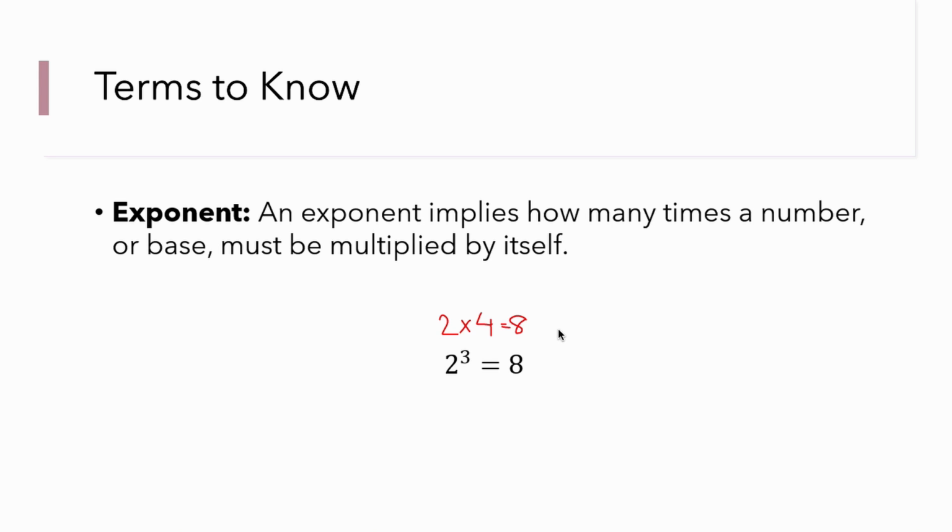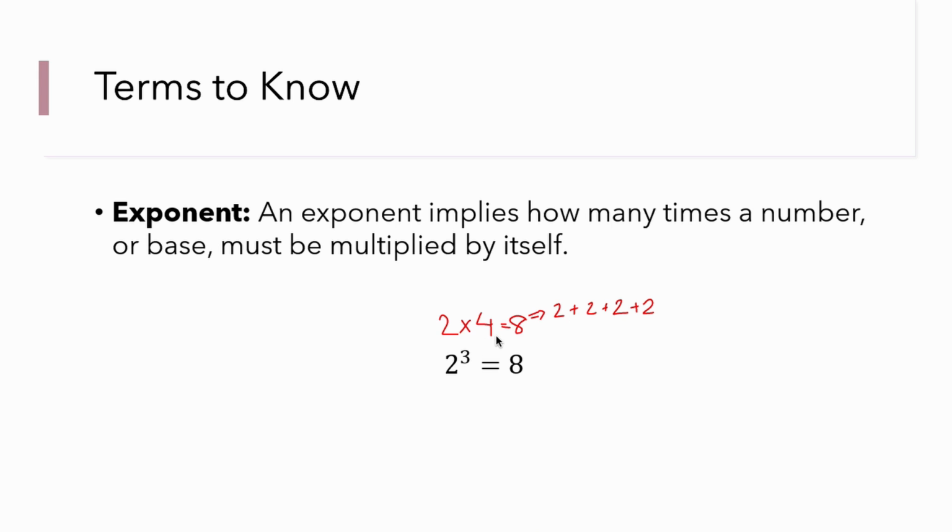So looking at this, if we want to write this in repeated addition, there are two ways we can interpret this equation. The first way is that 2 is being added to itself 4 times. So this would equal 2 plus 2 plus 2 plus 2.